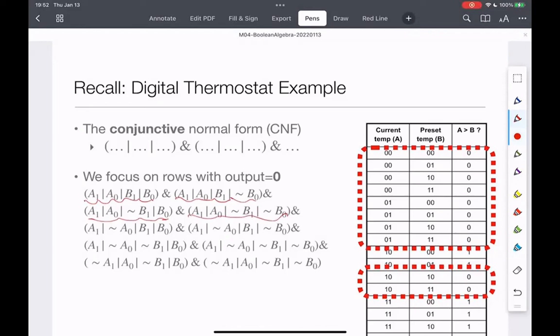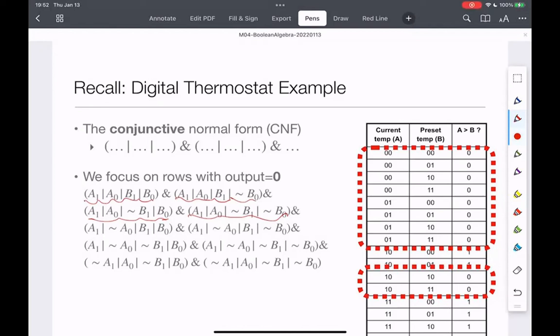We are basically saying output is going to be 0 if any one of these max terms is 0, because we are ANDing the max terms. So if any one of those max terms is 0, output is 0.